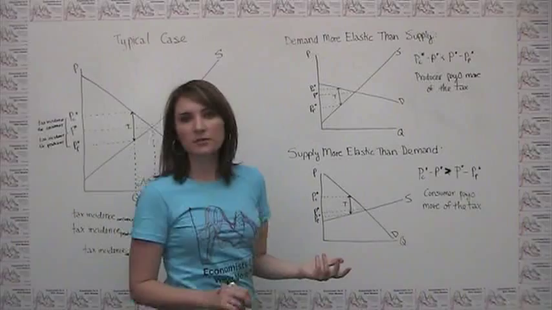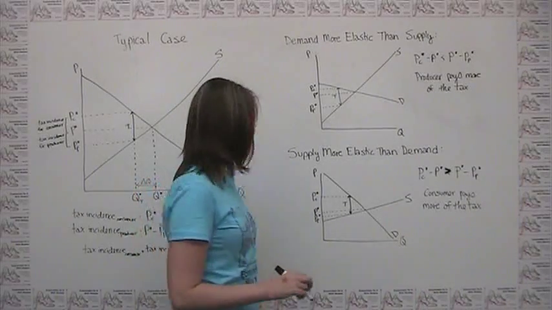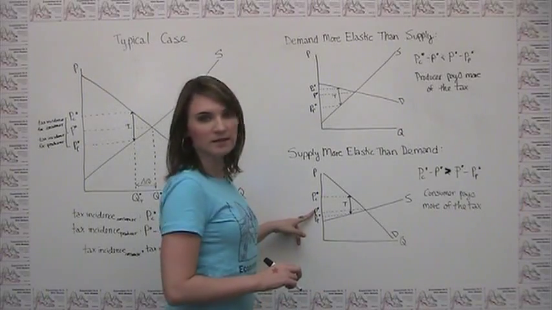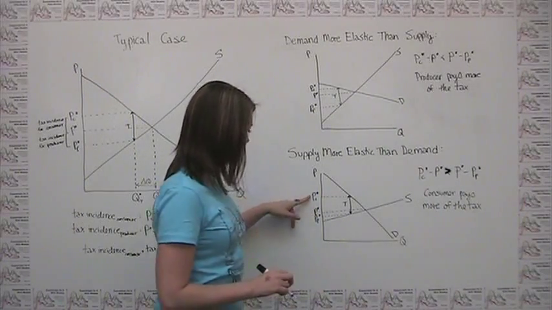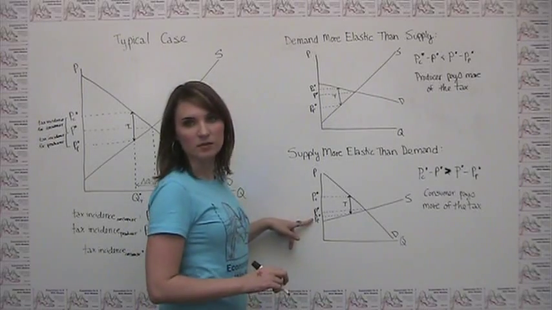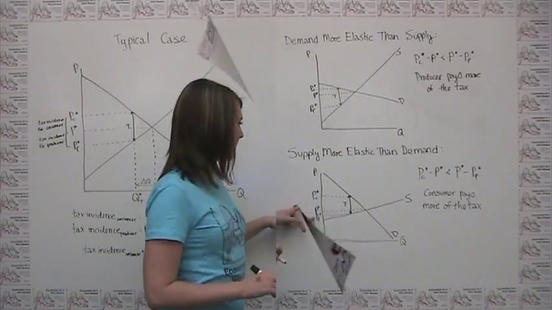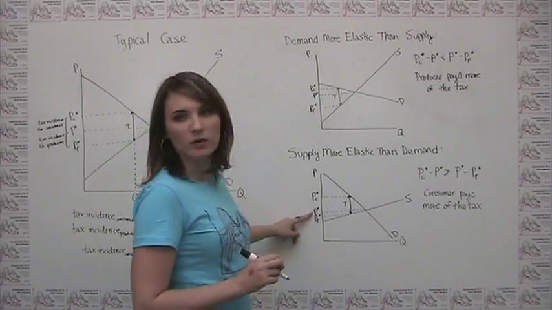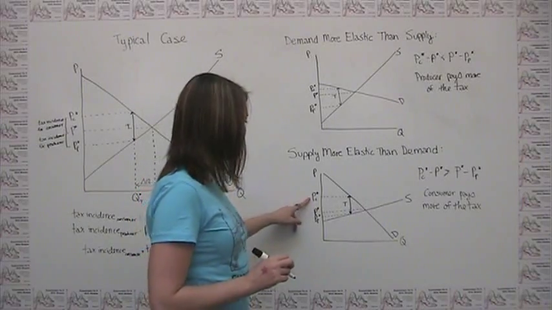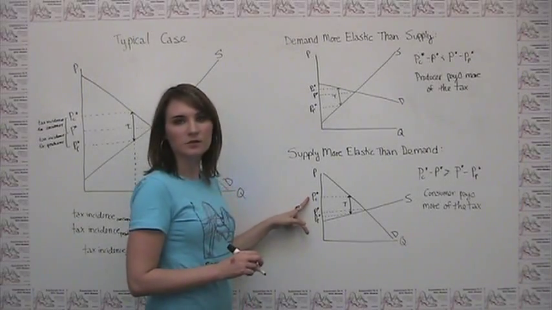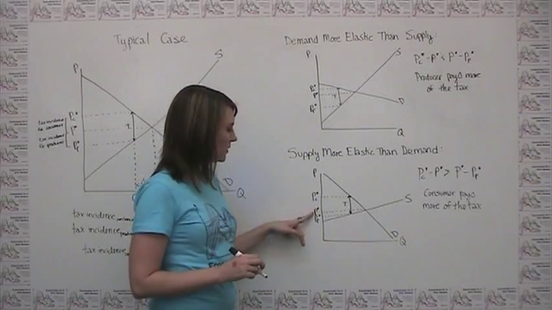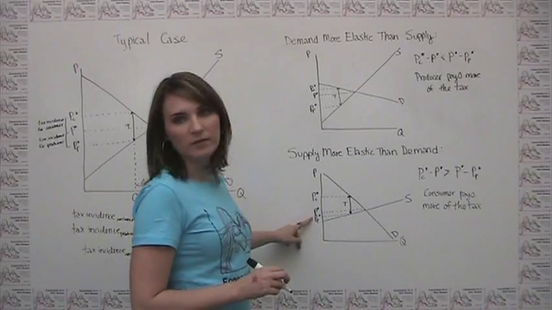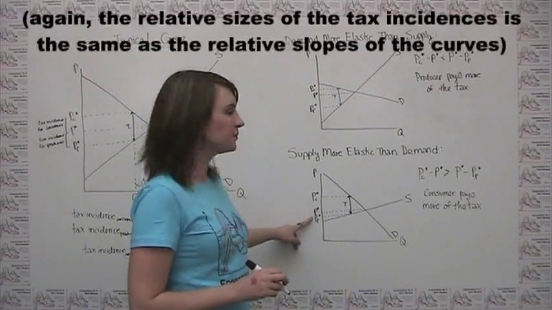And we can again ask what happens when a tax is put in place. So here I've marked the original equilibrium price before the tax, and I've also marked the price to the consumer and the price to the producer after the tax. And what we notice this time is that when supply is more elastic than demand, the price that the consumer pays, inclusive of the tax, goes up by a lot, whereas the price that the producer gets to keep just goes down by, relatively speaking, a little bit.